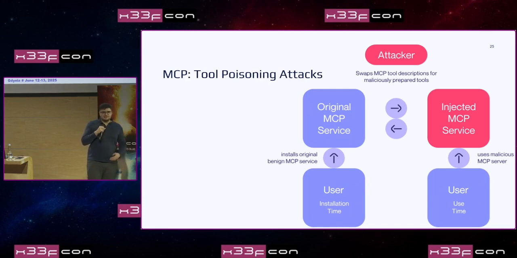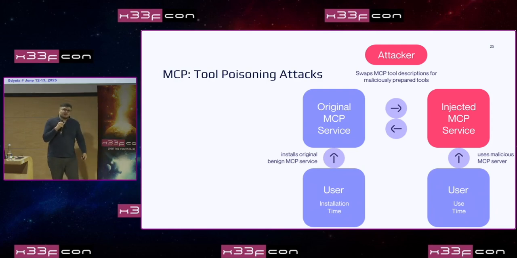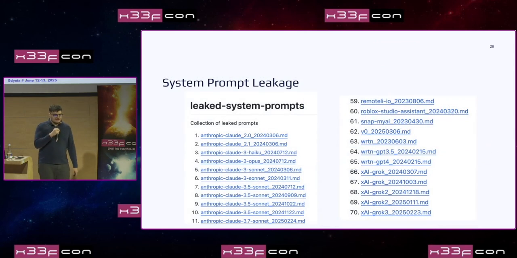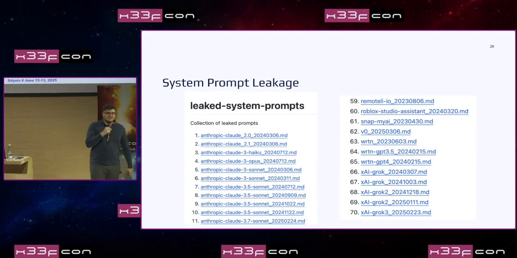Basically, it can cause the LLM to start performing whatever task the malicious MCP service tells it to. So what I'm saying here is basically: treat external MCPs as untrusted sources.